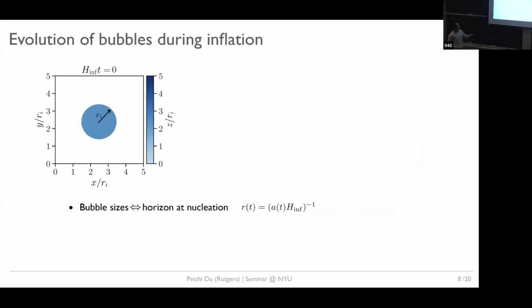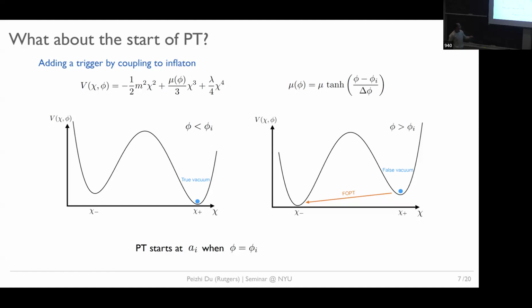Once we have this function, what's the time evolution of this phase transition? At sufficiently early time, when phi is smaller than phi_I, where phi_I is a constant field value of the inflaton, and delta phi is the width of this transition, also a constant we put in by hand, this parameter is negative.